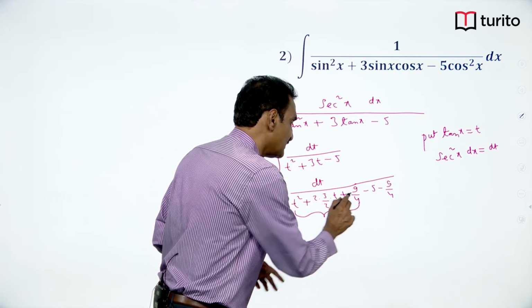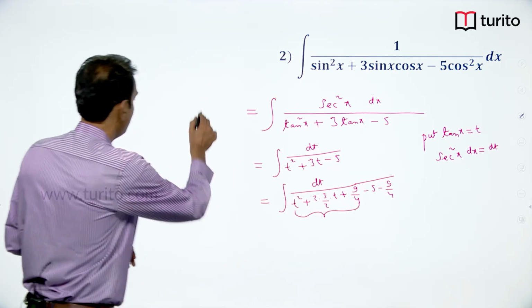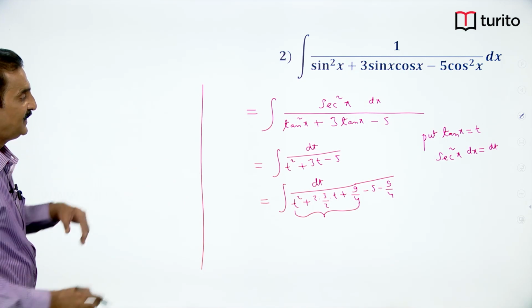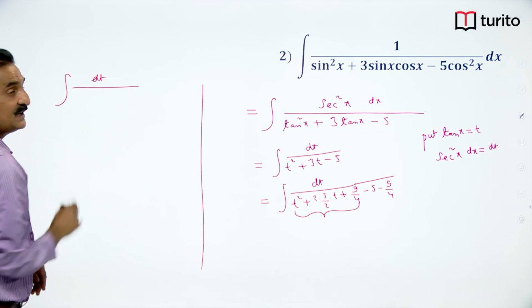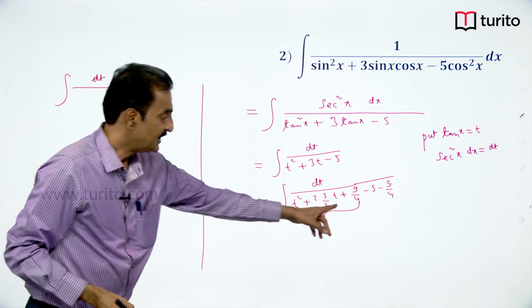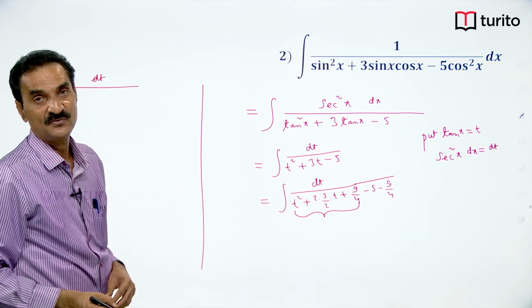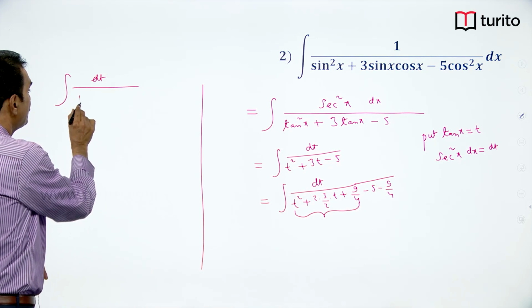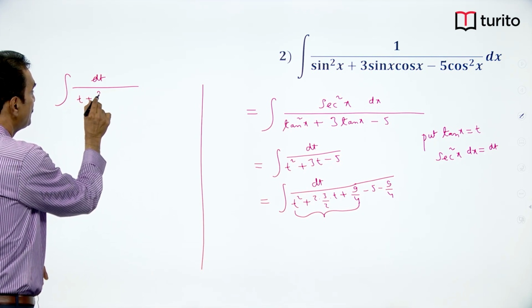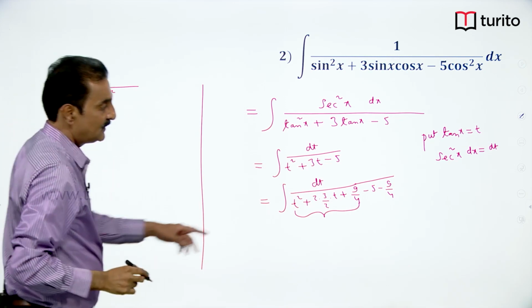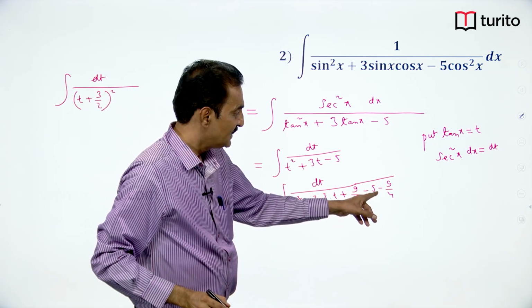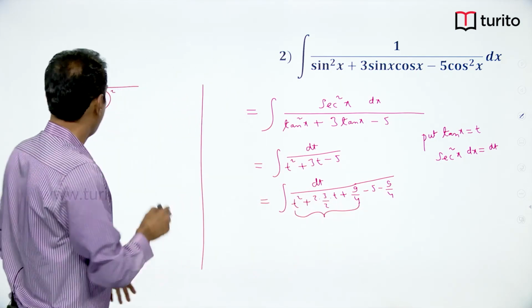Then these 3 terms will become a perfect square. It will be integral dt upon, the first 3 terms will be t plus 3 by 2 whole square. What are the next 2 terms? This is minus 29 by 4.